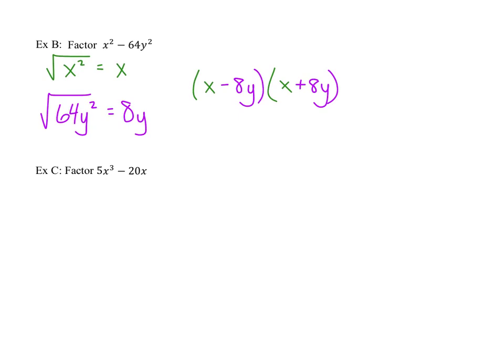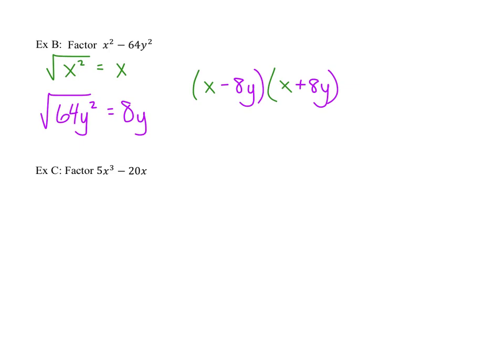All right, so example C here. I see two things that are being subtracted, but I can't square root 5x cubed and I can't square root 20x. So don't jump to the conclusion that it's prime, because it's not. What I've got in here is the factoring that we learned first, which is the greatest common factor, in a sneaky way.